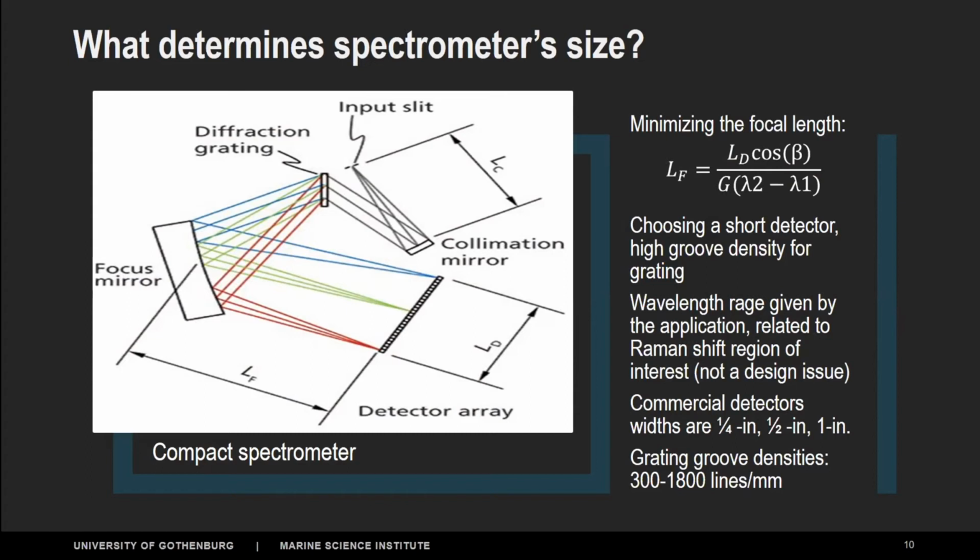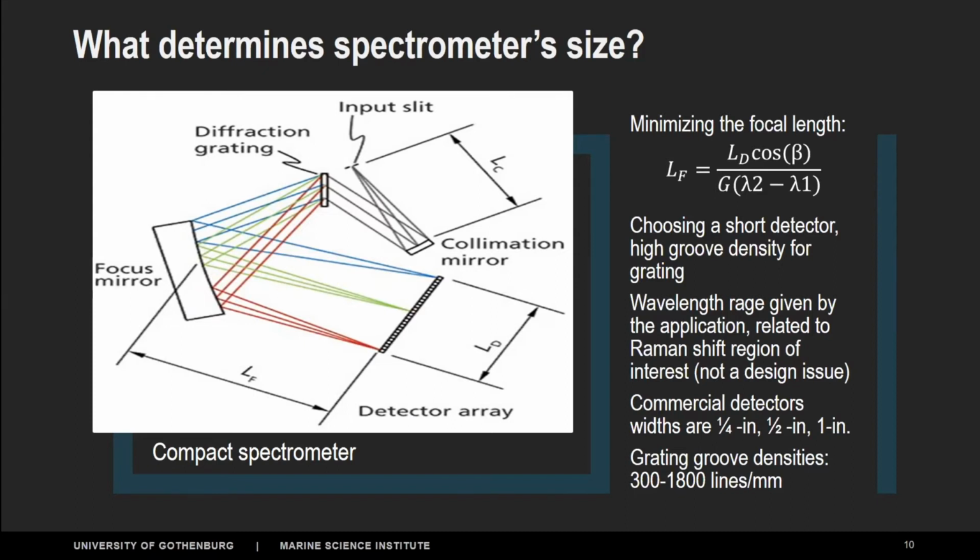The CCD detectors on the market can be between 1/4 of an inch and 1 inch. And of course, you need to think about resolution. It's a trade-off as well, how much light throughput you want through the spectrometer relative to the size. That's why we look at the grating and detector, which are important for our resolution, and the slit size as well, which gives you the image of the beam that ends up on the detector.